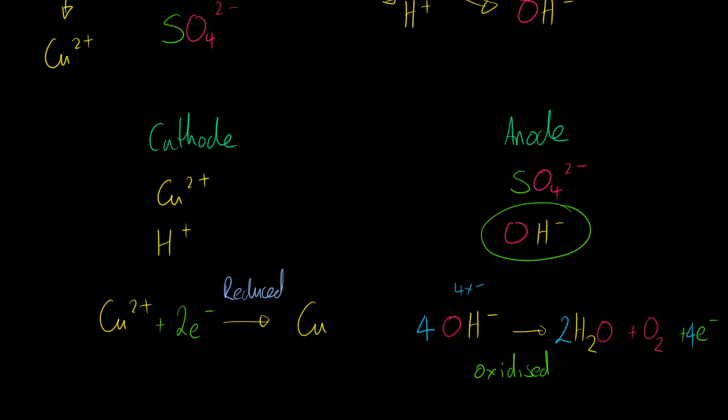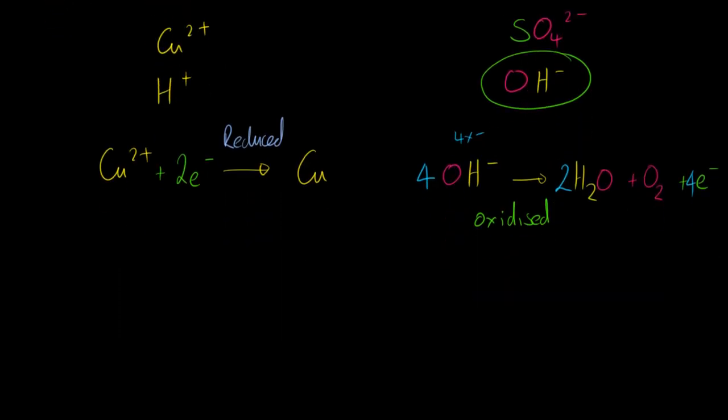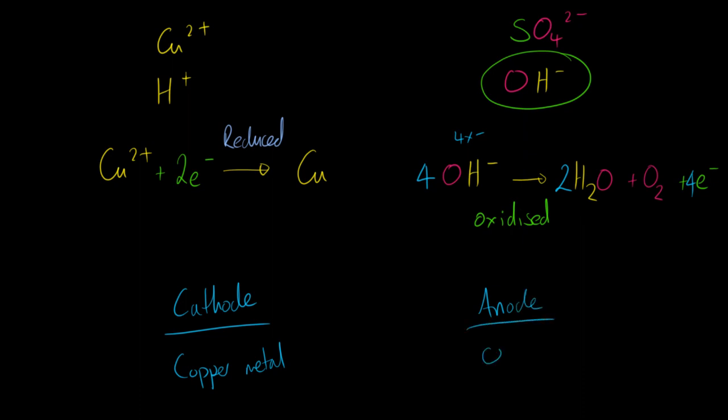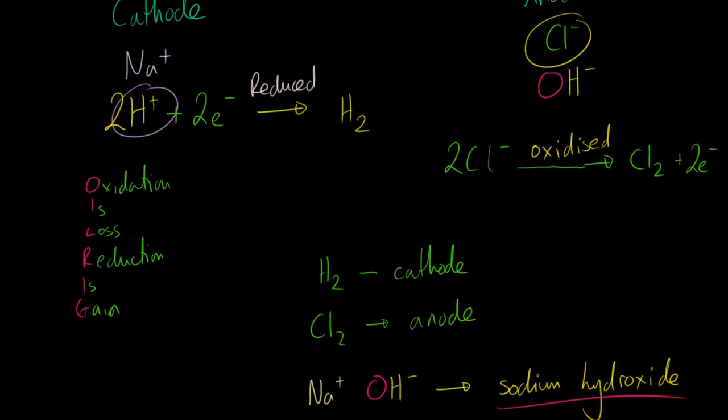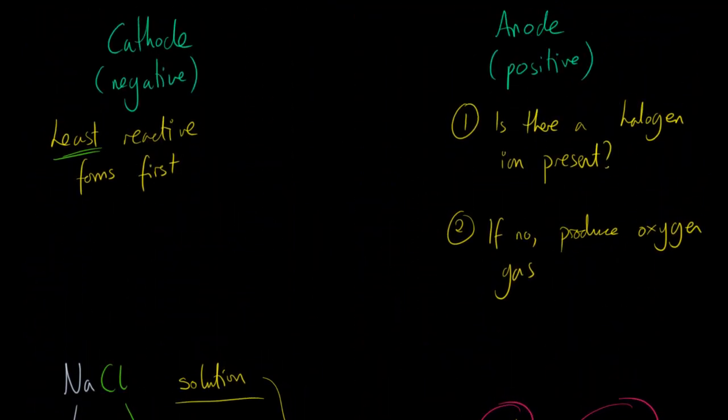Okay, so what are you going to see here? Well, at the cathode, you are going to see copper metal forming. And at the anode, you are going to see oxygen gas forming. Okay, so just remember, it all boils down to these rules up here.